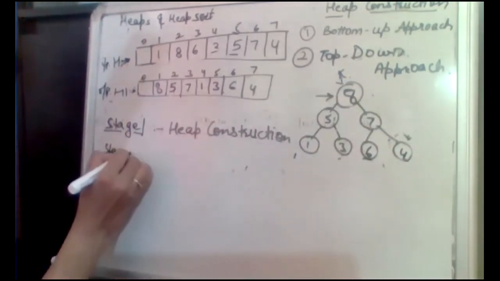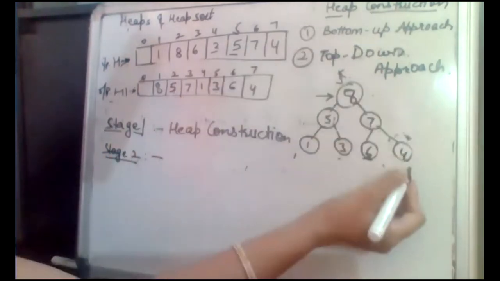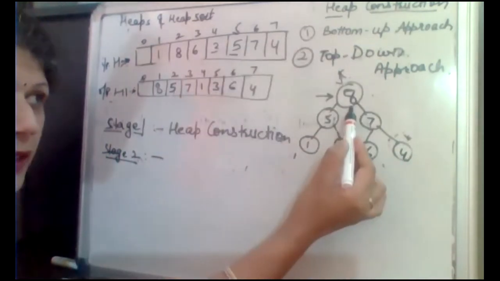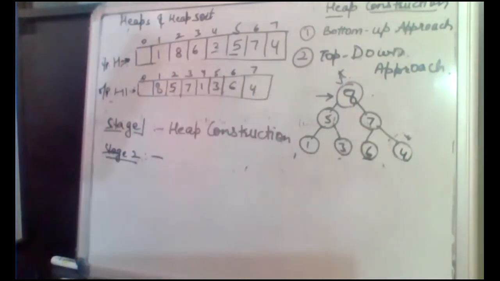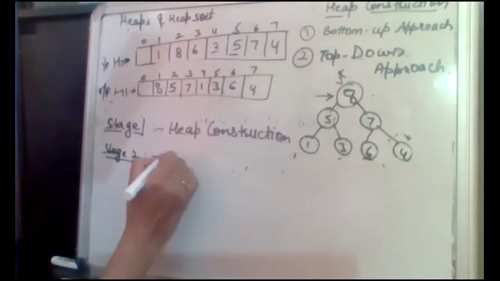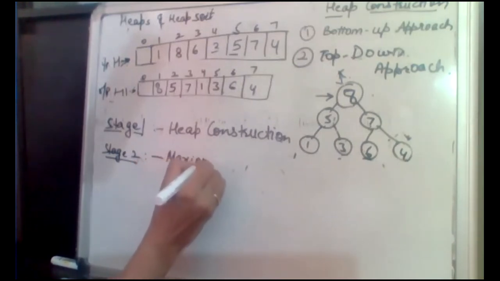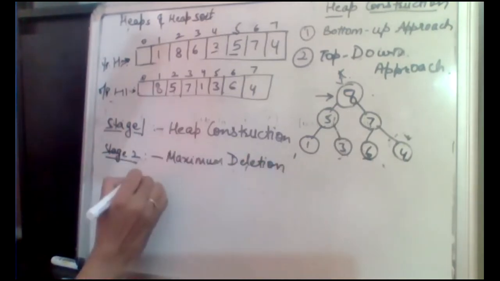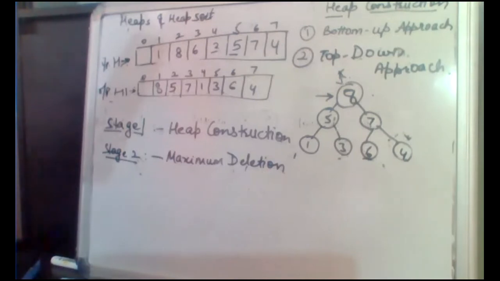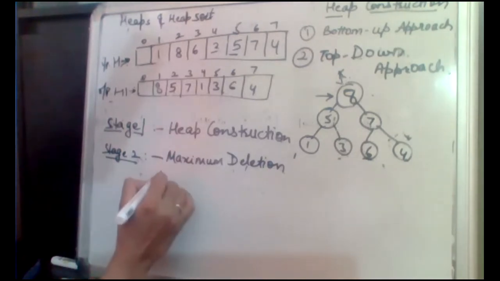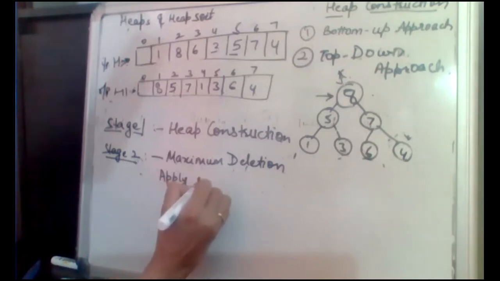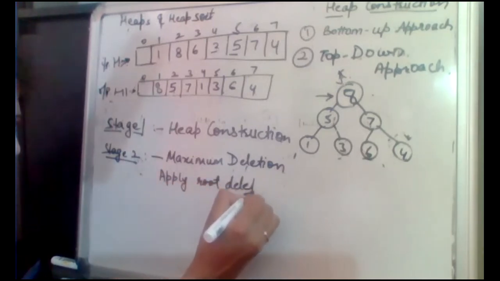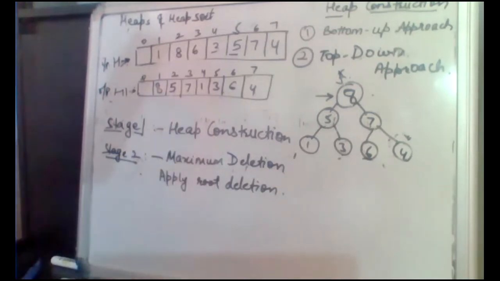Stage two, if you can see here, at every point what we are going to delete is the highest element. So in the second step, we do maximum deletions. That means we will select the root node and apply the deletion. So apply root deletions till you are left with only a single element, or for the complete n minus 1 heap.